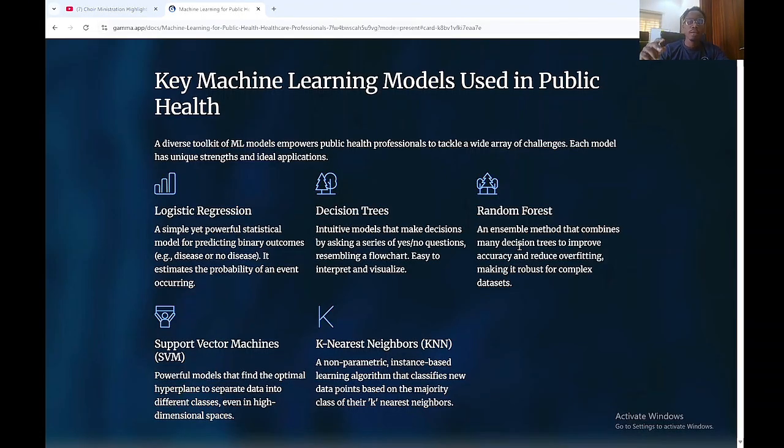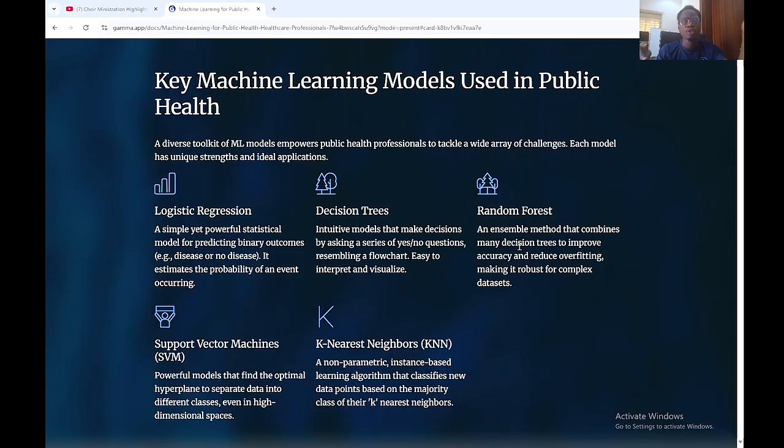It's more like we want to know: is there disease or no disease, is it present or absent? It estimates the probability of an event occurring, and it's one of the most frequently used. We also have another model called the decision tree.